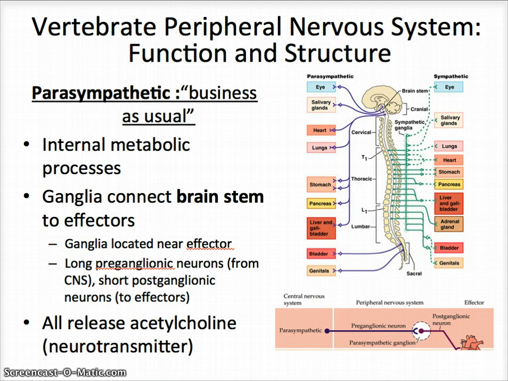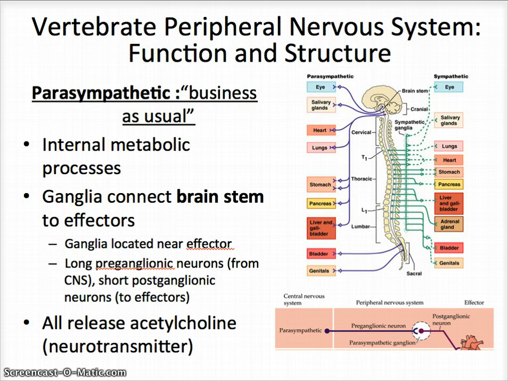And because they're coming from the brain, the preganglionic neuron in this case is going to be the long neuron. Again, it synapses with the postganglionic neuron at that ganglion junction, or in this case the junction right here. And then the postganglionic neuron is going to be the short neuron. And this is going to then innervate the organ or the effector muscle.